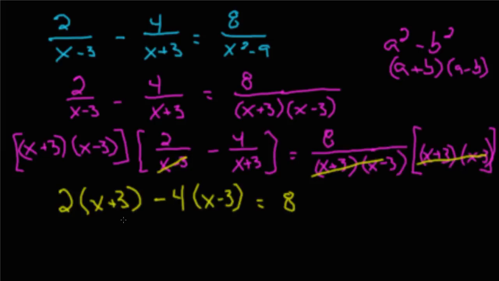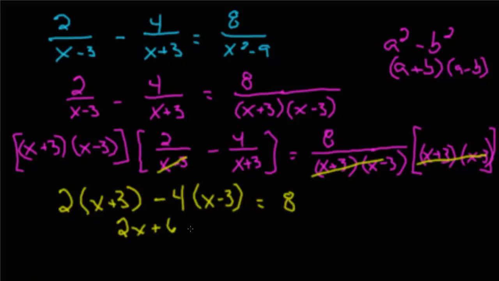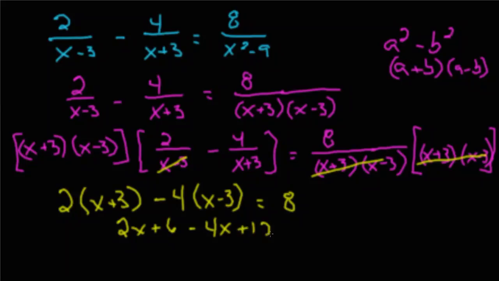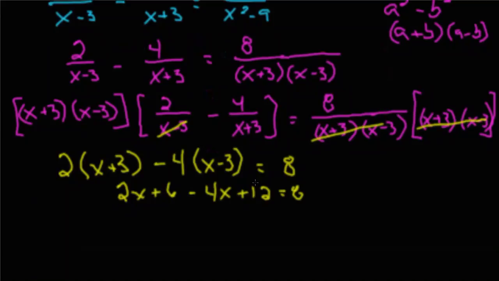So if we multiply this out, now we've got a linear equation, just like we solved before. We'll get 2x plus 6 minus 4x. Minus 4 times a minus 3 is a positive 12. And that's equal to 8. So 2x minus 4x gives us a negative 2x. 6 plus 12 gives us 18.